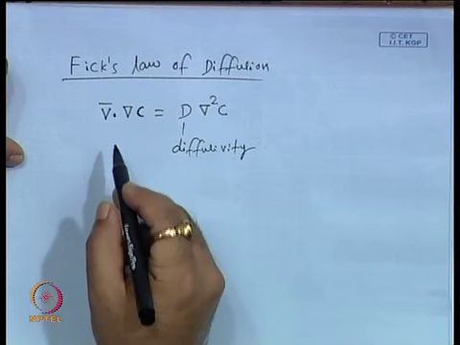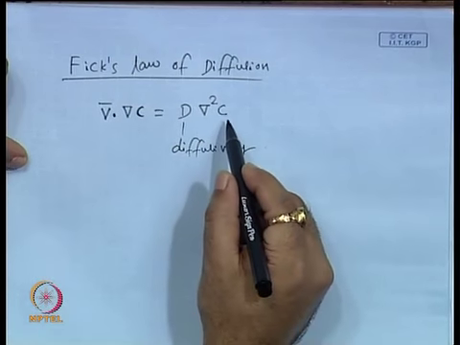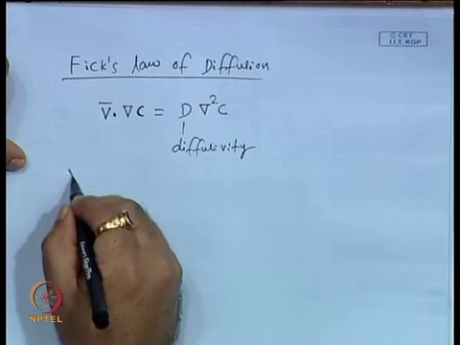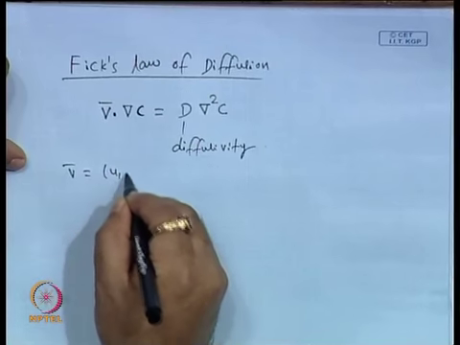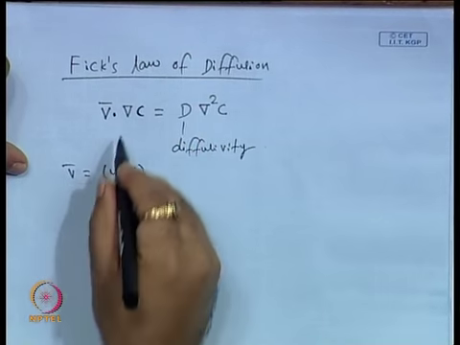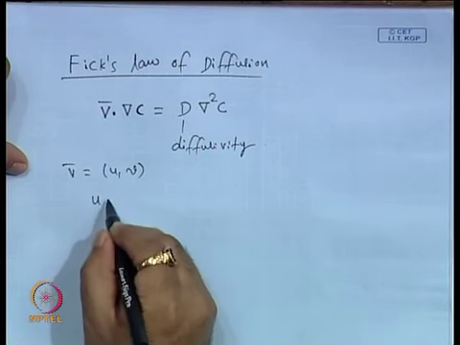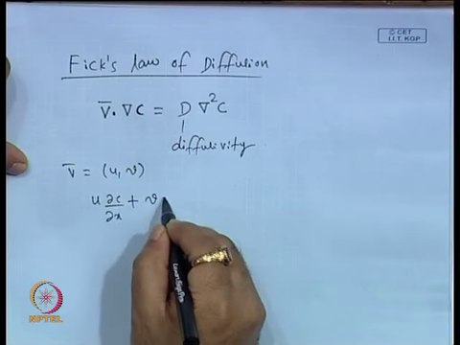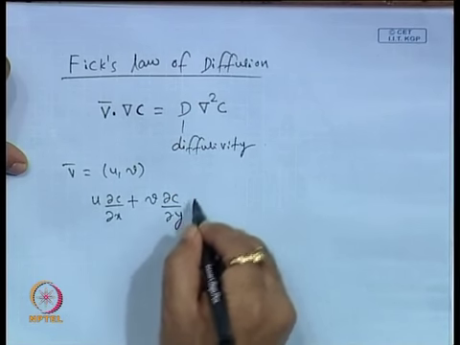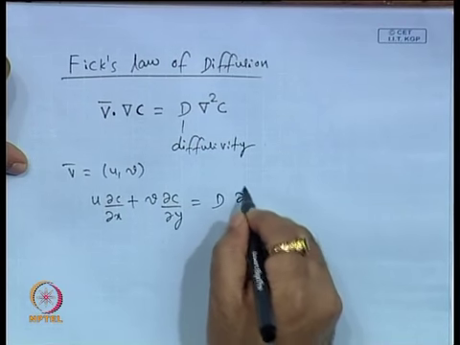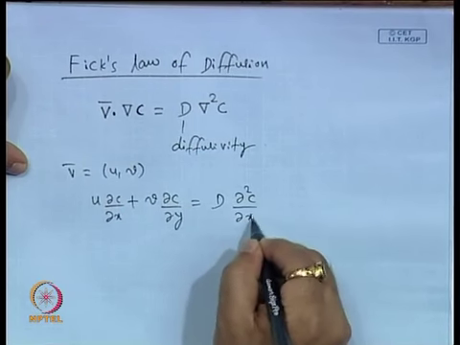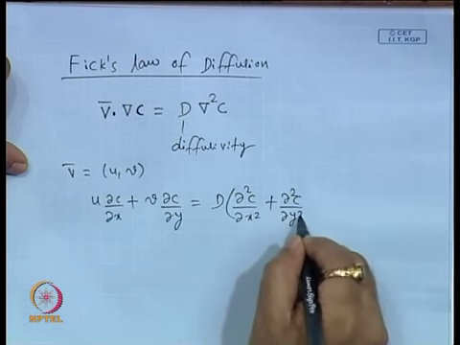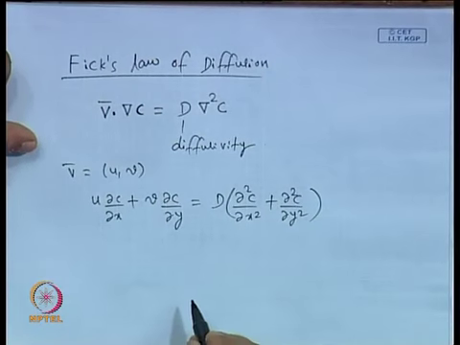For example, if you consider 2 dimensions, say V bar is u, v, then we have u dou c by dou x plus v dou c by dou y equals D times the Laplacian of c.